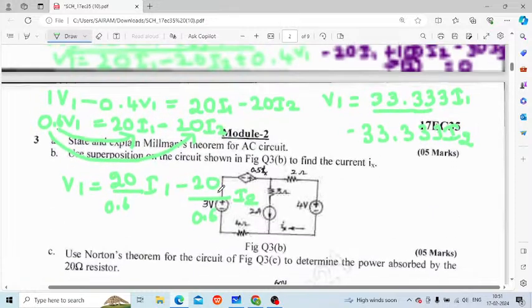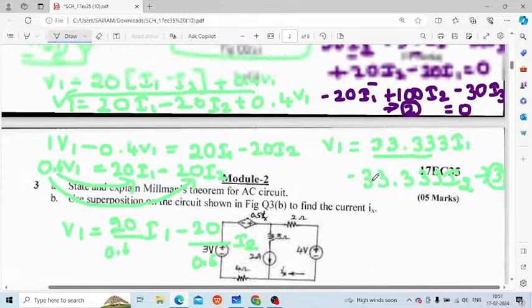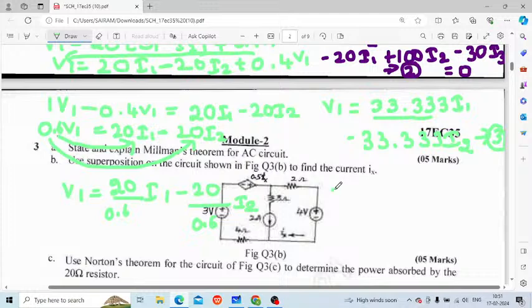Fine. Okay, so now coming on to here. So now we got this. This is my equation number 3. You know that your I3 is equal to minus 0.01 V1. What is your I3, students?